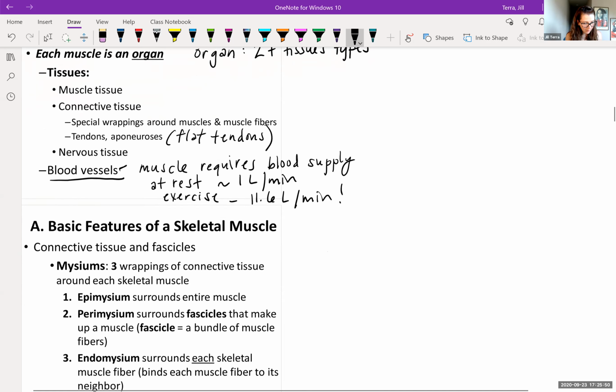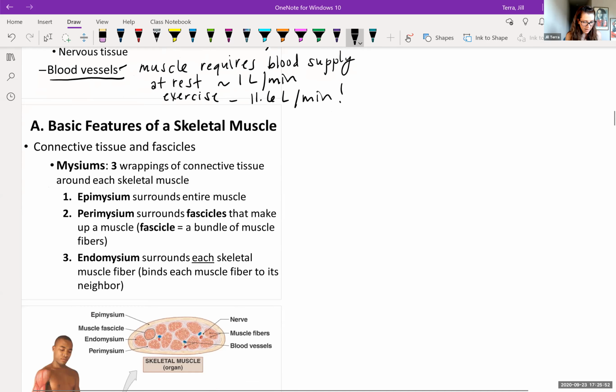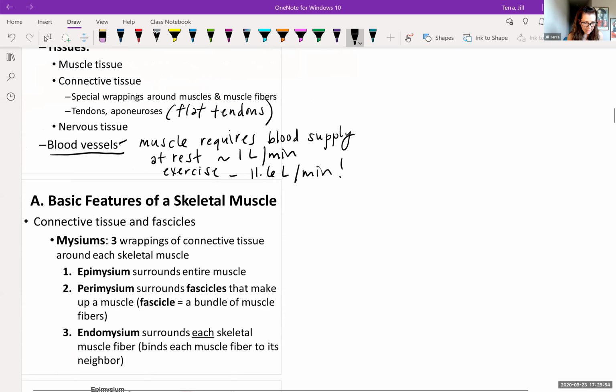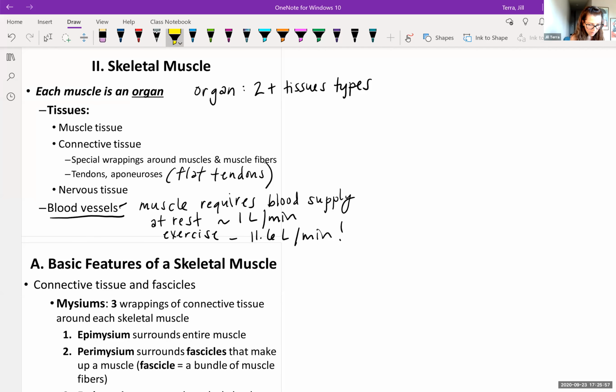All right, so kind of the basics first here is let's talk about the connective tissue. So if each muscle is made up of these different types of tissues, we're going to first look at the connective tissue that is involved with organizing muscle, okay?